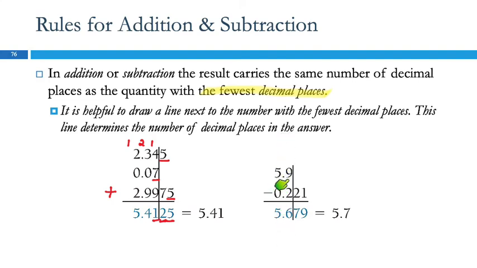Because this is the first uncertain digit. And this guy's going to go on beyond, but this is going to make that digit uncertain. So you draw a line at the end of the number that stops first, and that's where your answer stops. So there's multiple ways of thinking about this. You just need to get clarity on one of them, and use the rule.